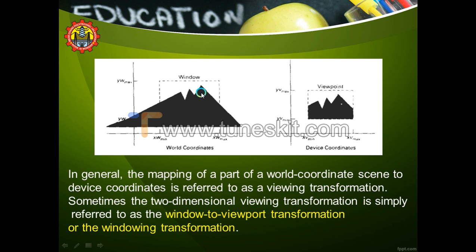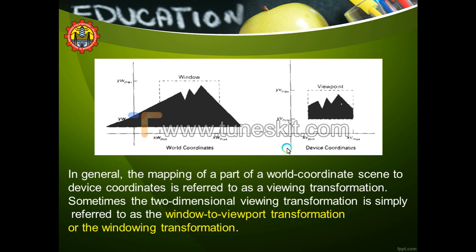How this window is mapped into the viewport is our main topic. This is a very important topic, and there is a derivation in it. Our topic is window to viewport transformation. Class, sometimes we call it windowing transformation.